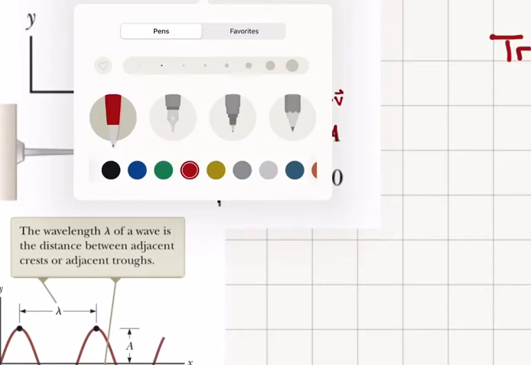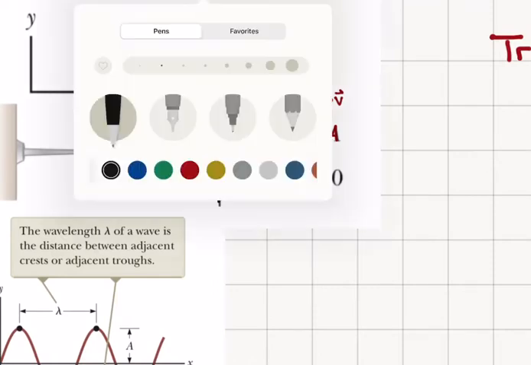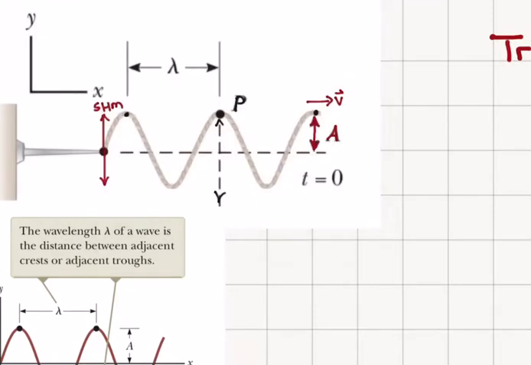First of all, points like P, the maximum points, are called crests, and all the minimum points, the lowest points, will be called troughs.